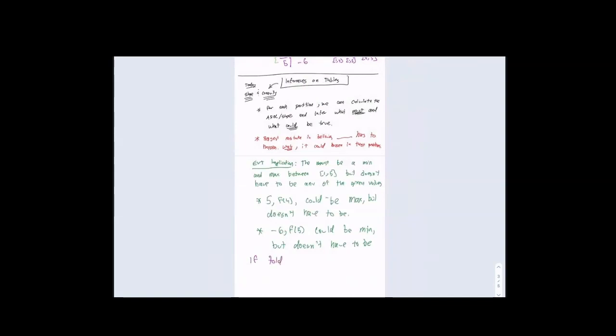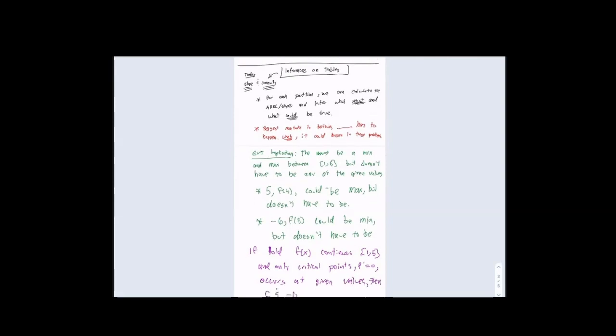If told f of x is continuous on 1 to 5 and the only critical points, which is where f prime equals 0, occur at the given values, then 5 and -6 are the absolute extrema.